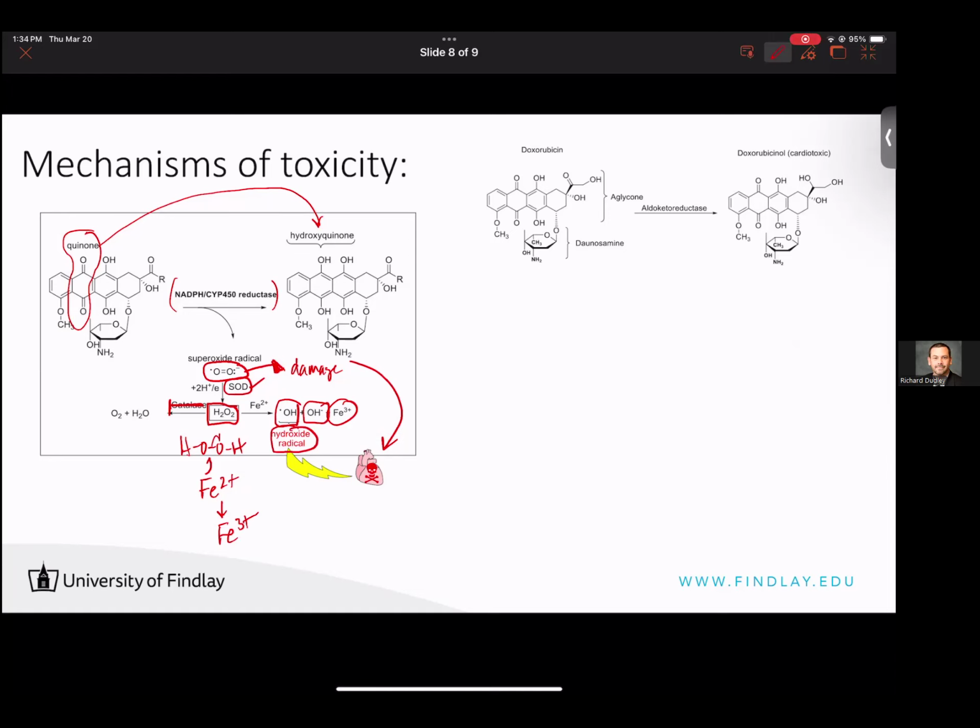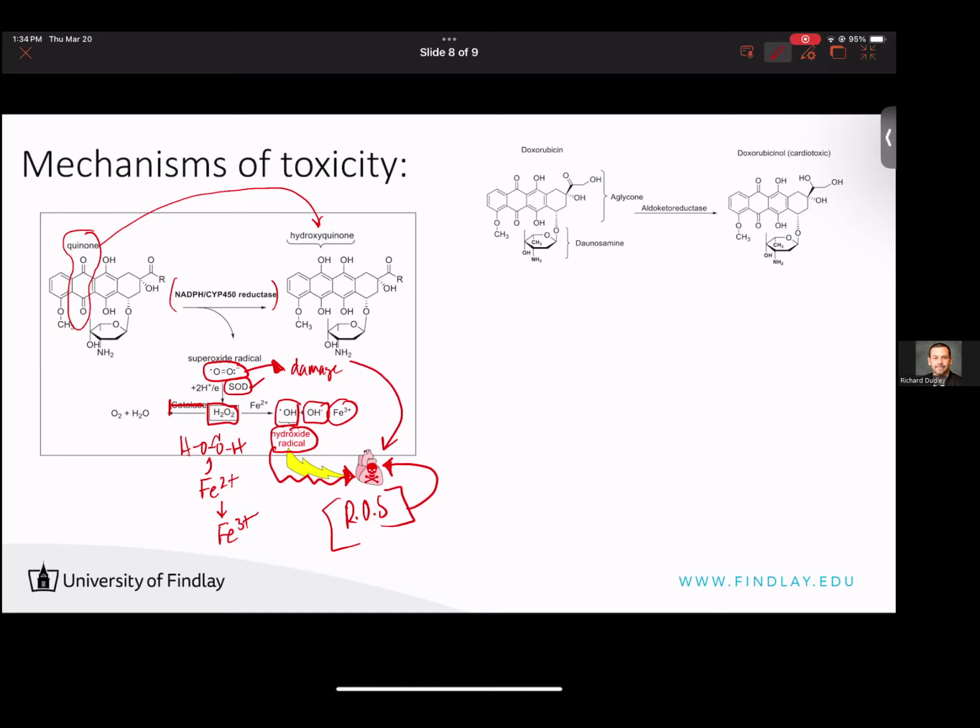And just like superoxide radical, the hydroxide radical can go and damage the cardiac myocytes as well. Okay. So the production of reactive oxygen species is largely responsible for damaging the heart.